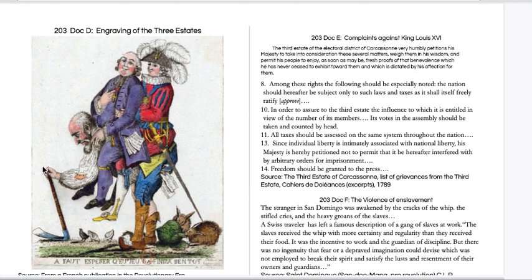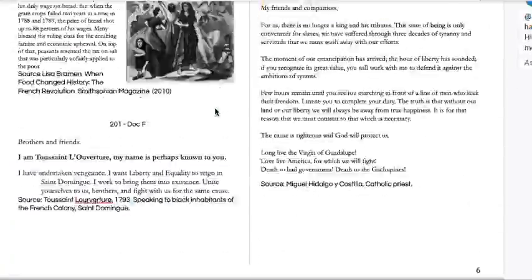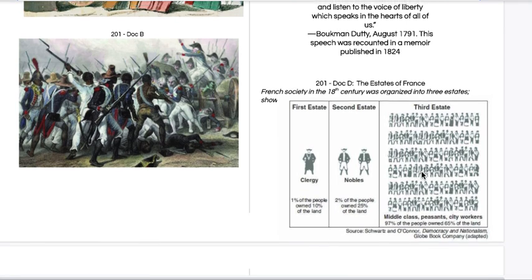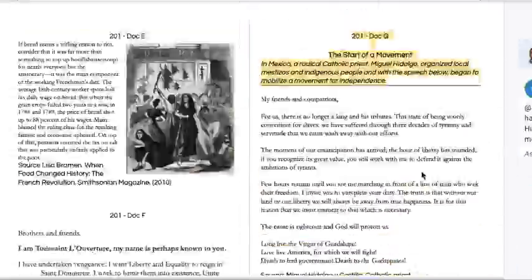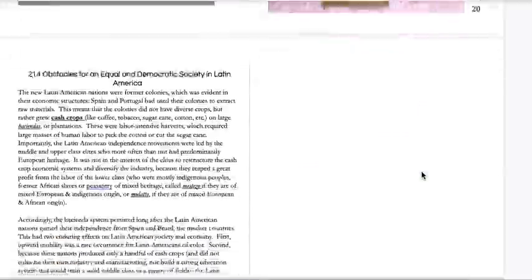Maybe even referencing some imagery, like the people in power are on our backs and they're taking X, Y, and Z from us. Also, you can use images like this one that showed the third, second, and first estate in the French Revolution. All of these are forms of evidence you can use to write your revolutionary speech.